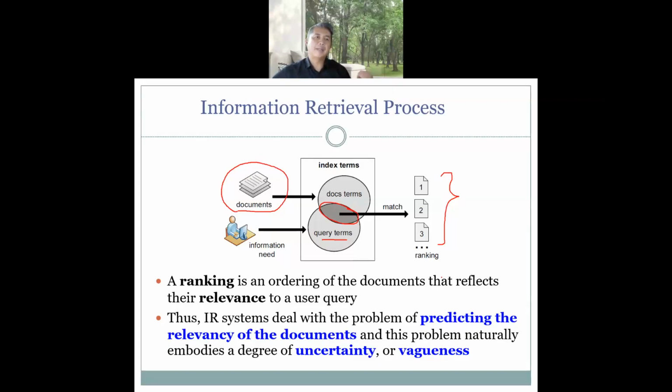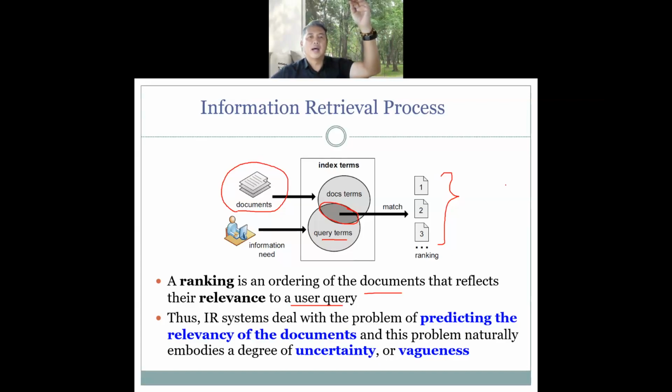When you normally type in Google, we always expect that all the relevant documents are displayed on the first page, and when we go to the second page, they are less important with respect to your query. So a ranking is an ordering of documents that reflects their relevance to a user query. We expect that when the documents are retrieved, they are displayed according to the degree of relevancy.